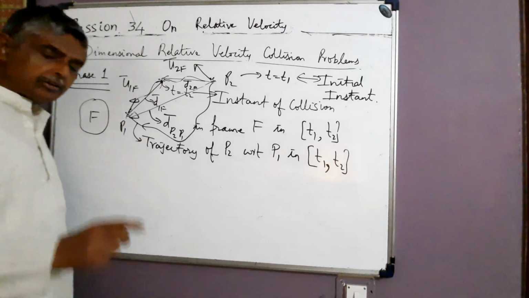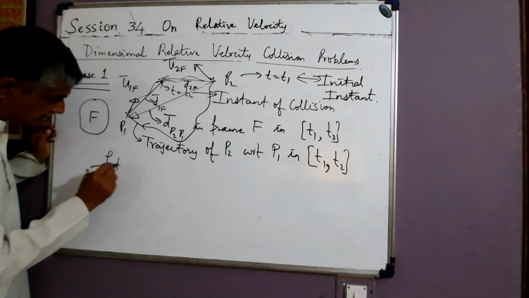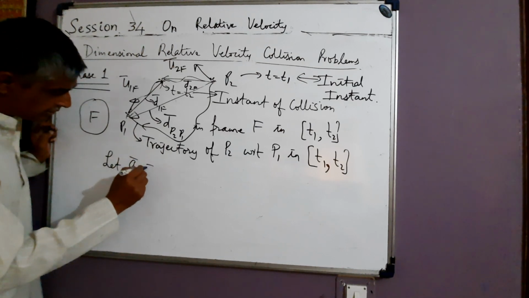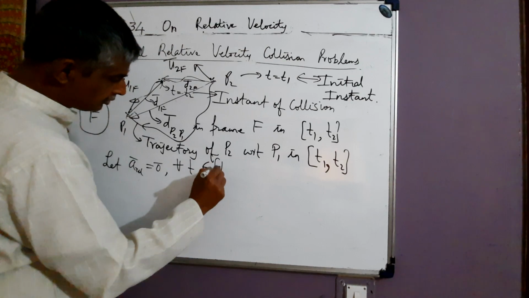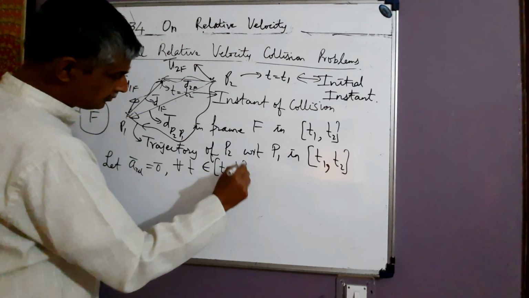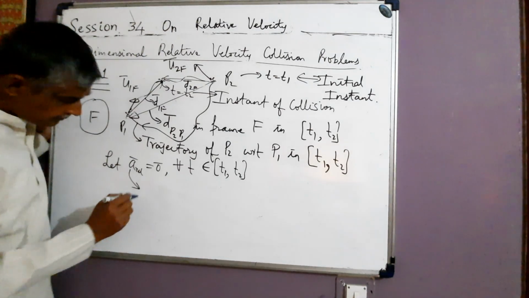Now if we make another additional restriction, let a relative be 0 for all t belonging to T1 comma T2. What is this a relative?